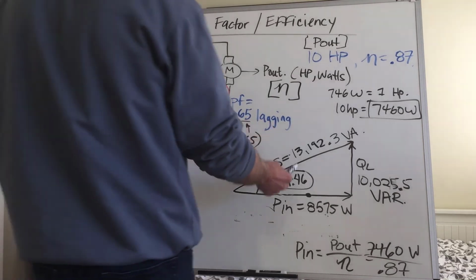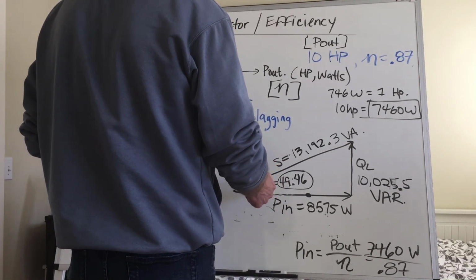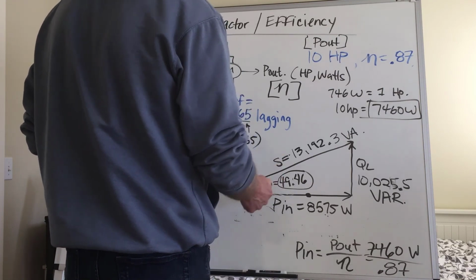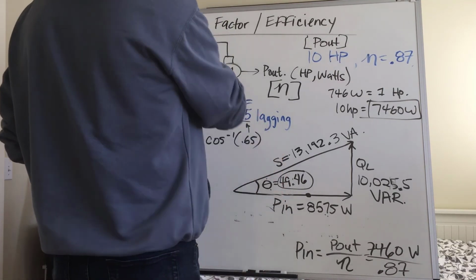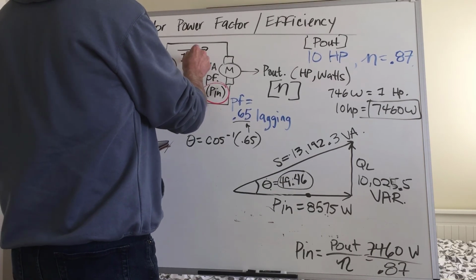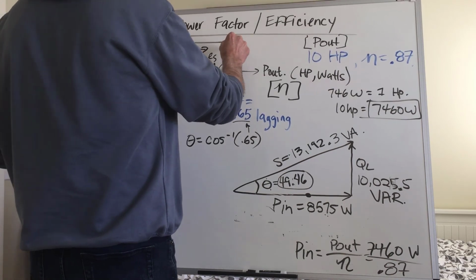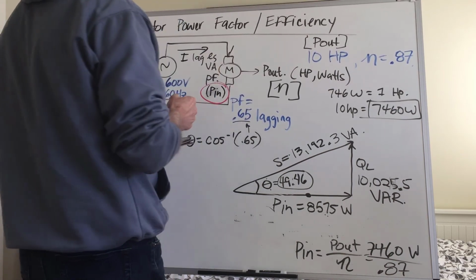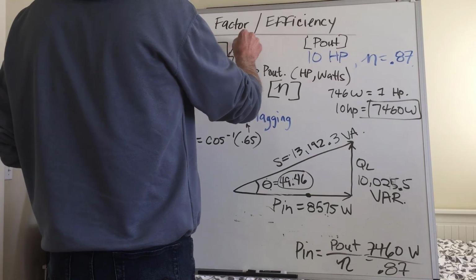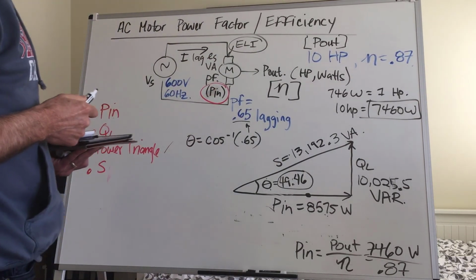We've got our S value, we've got our angle to two decimal places, indicating our circuit phase angle, which would be the lagging current in this circuit. Remember, I here would lag E source because this is a primarily inductive load when it comes to a motor, and ELI would be describing the voltage-current relationship.